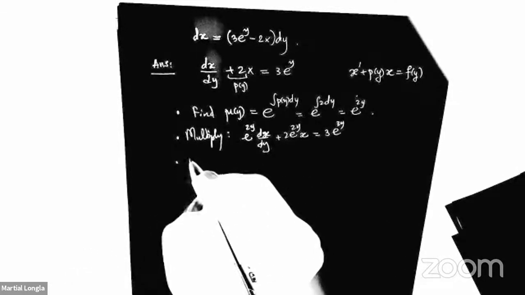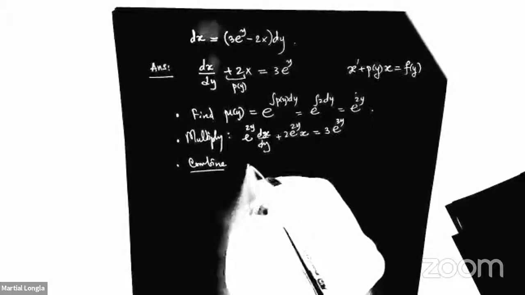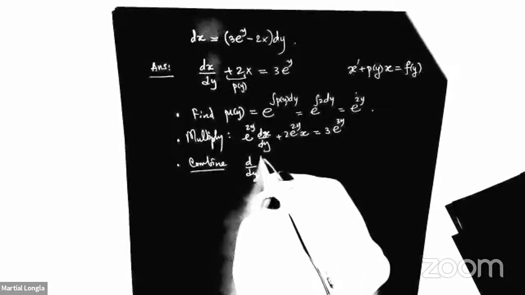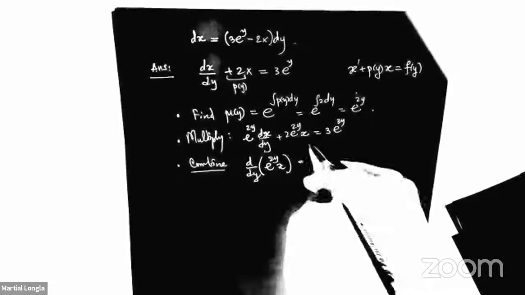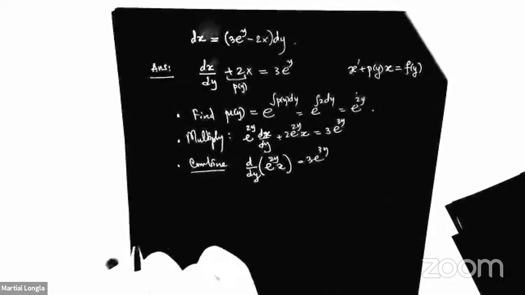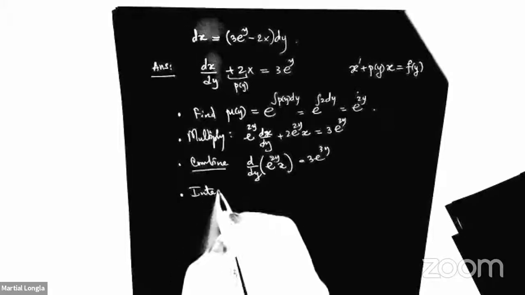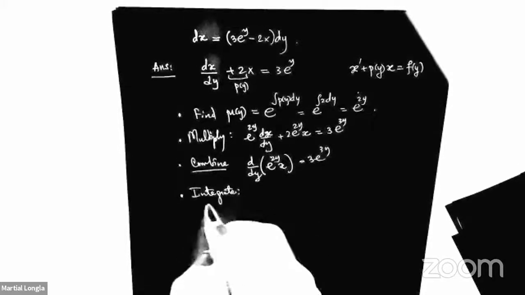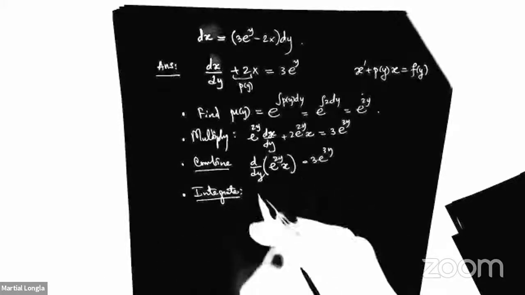And then we combine. This gives us d over dy of e to the 2y x equals 3 e to the 3y. Then we integrate. The integral of the derivative is just the function that is inside.